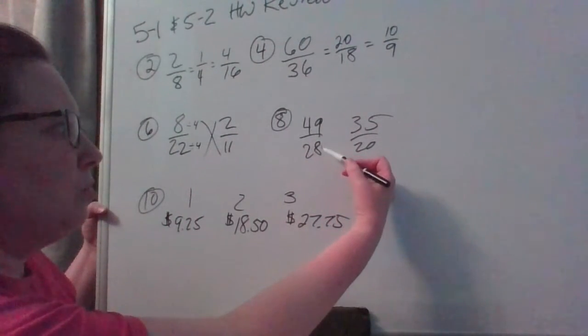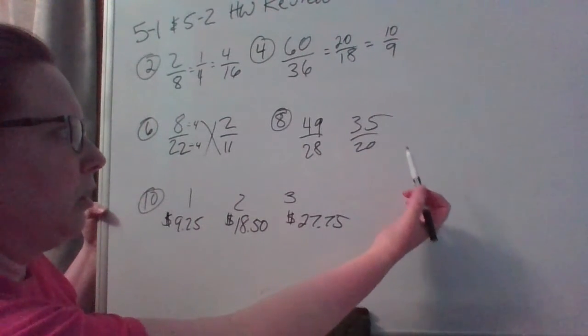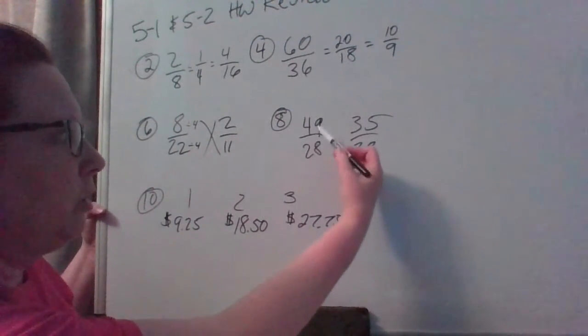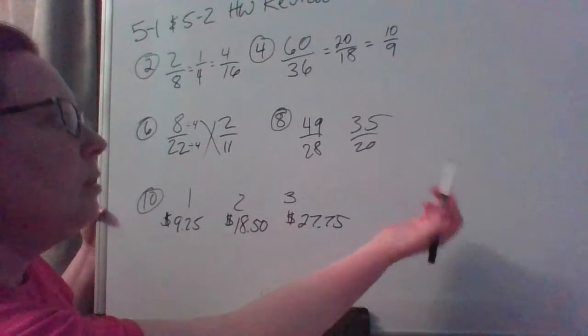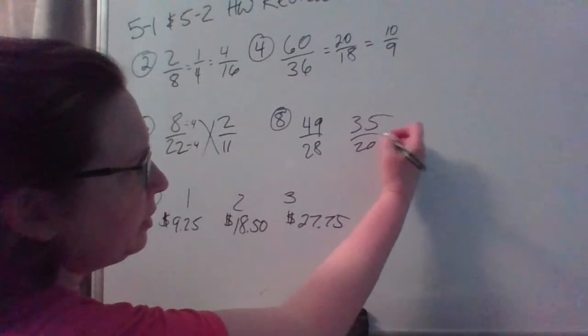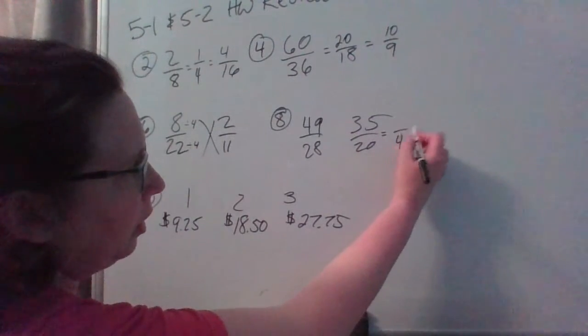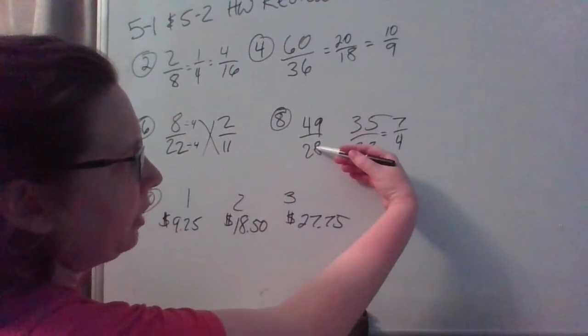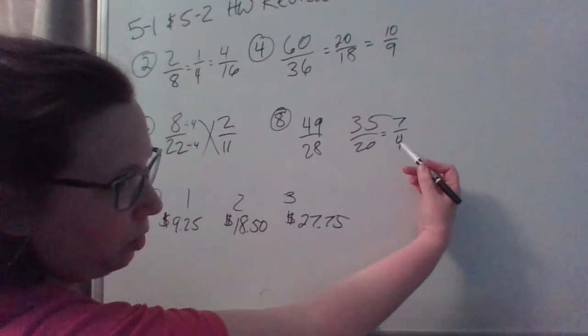I'm going to think about reducing here, because I don't see anything I could easily multiply or divide these by to get to these. So if I think about reducing here, if I divide these by 5, I would get 7 to 4. What am I going to divide this by to get to 4?